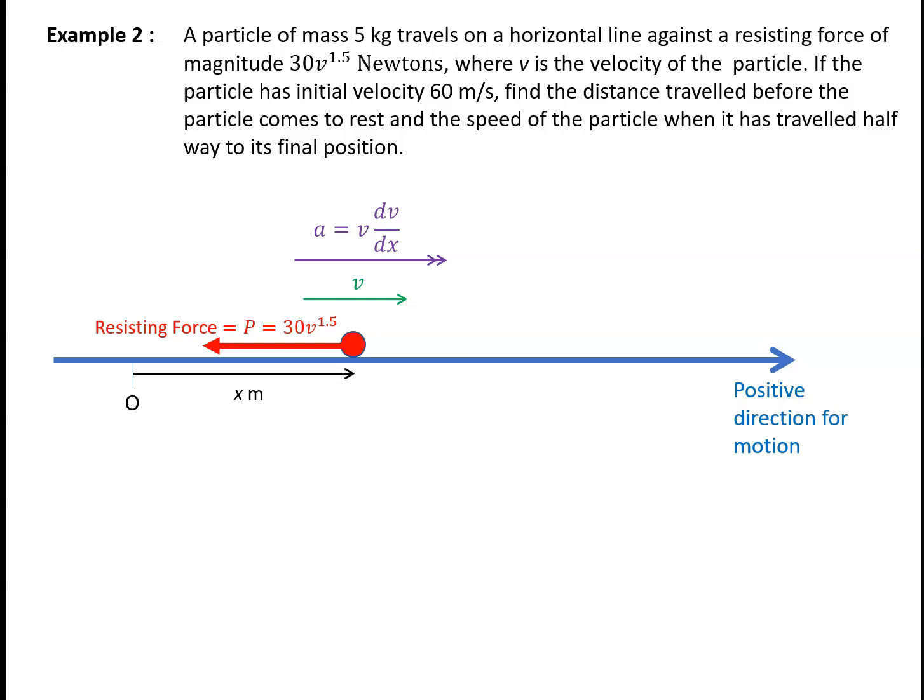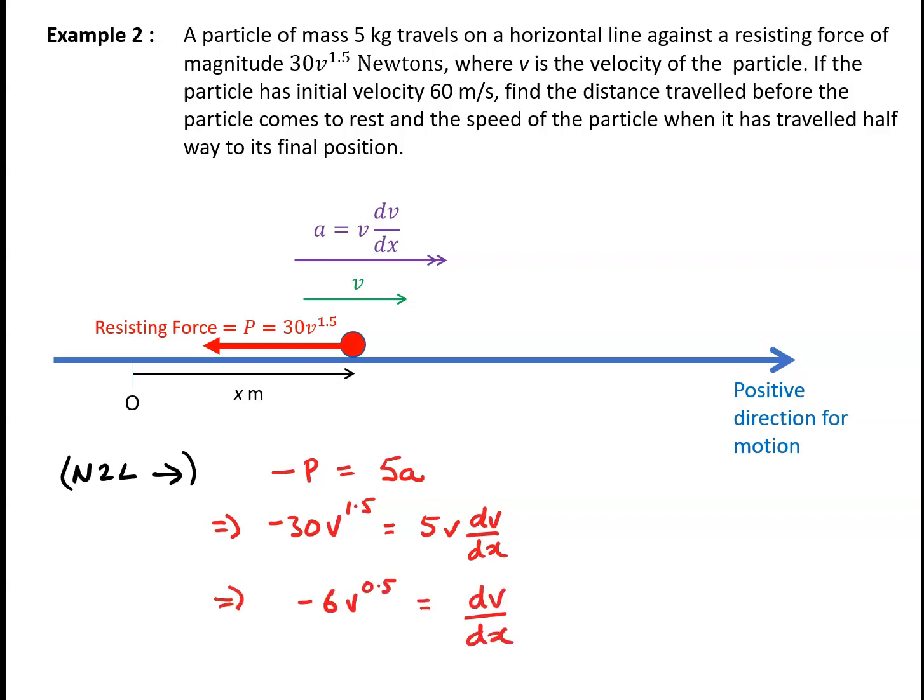Applying Newton's second law to the right, we've got minus p equals the mass 5 times the acceleration, which in this case becomes minus 30 times v to the 1.5 equals 5v dv by dx, which simplifies to minus 6 v to the 0.5 equals dv by dx.